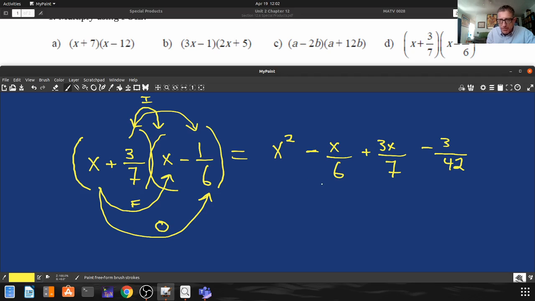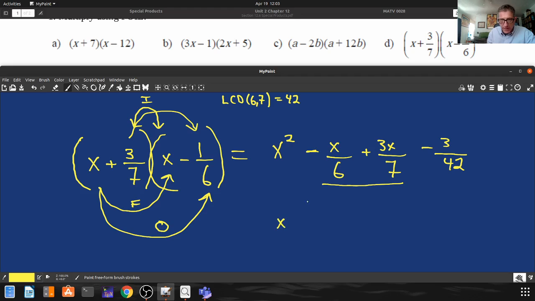So we have to simplify this. So here, let's use one of my theorems about the LCD. The LCD of 6 and 7 is always greater than or equal to the largest of the two terms, and it's equal to their product if the two terms share no common factor. Well, since 7 is prime and greater than 6, they share no common factor, so the LCD is their product, which is 42.